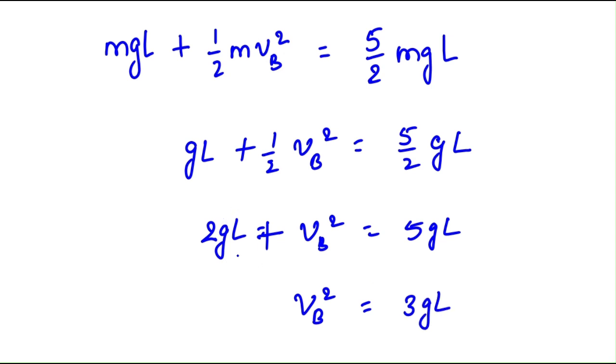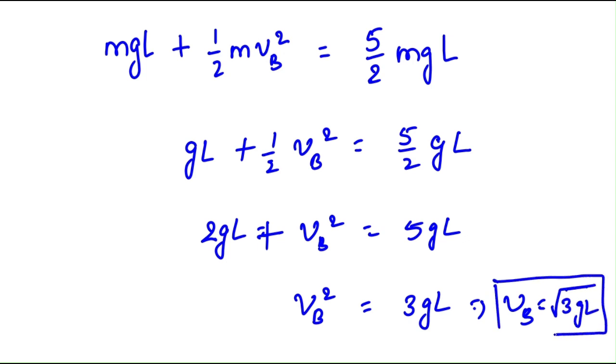I'm transposing this 2gl on this side, or we are just subtracting 2gl from both sides, and then we will have v_b equals to under root 3gl. So we got velocity at point B. Now we have to find out velocity at point C.